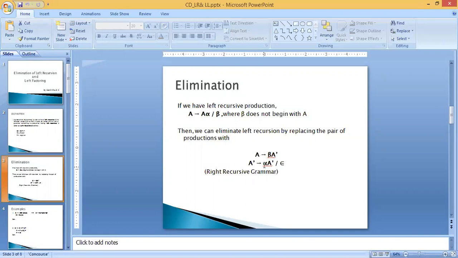A gives, you should write the non-left recursive production first, that is beta, followed by a new non-terminal A dash. Then we have to define what A dash is: A dash is alpha, again A dash, or epsilon. This is the syntax of it. You can't change it. This is a universal syntax for eliminating left recursion.